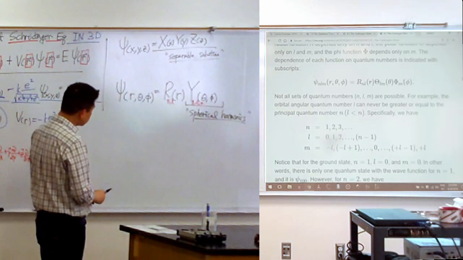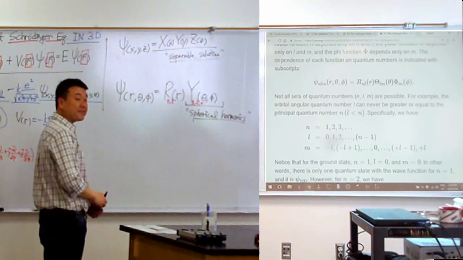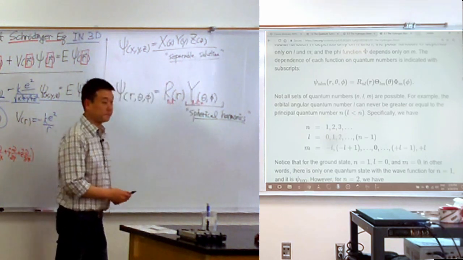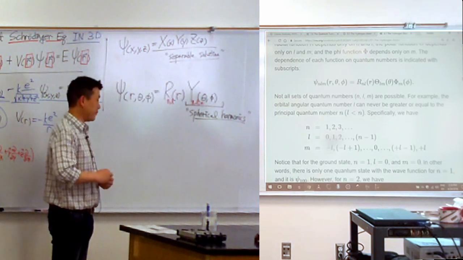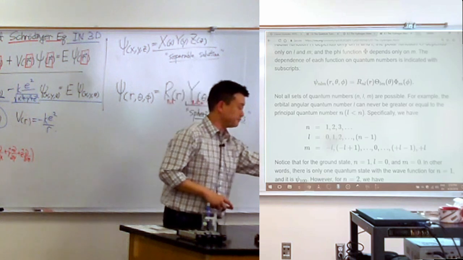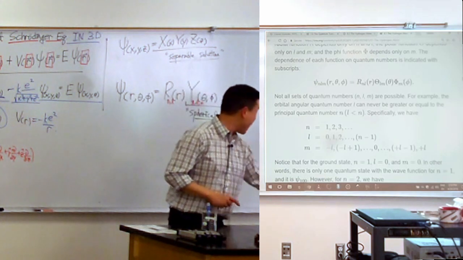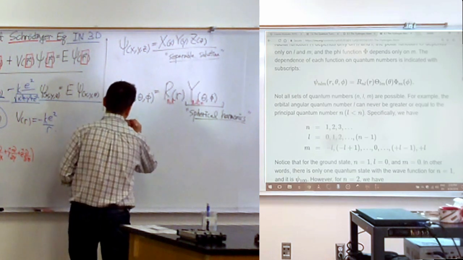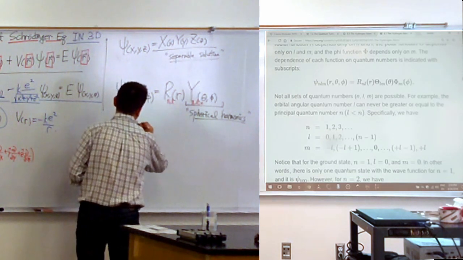And I guess you've actually seen one of these three quantum numbers before. Do any of them look familiar? The n, right? So this n is actually the same n you saw in the Bohr model. We call it the principal quantum number.